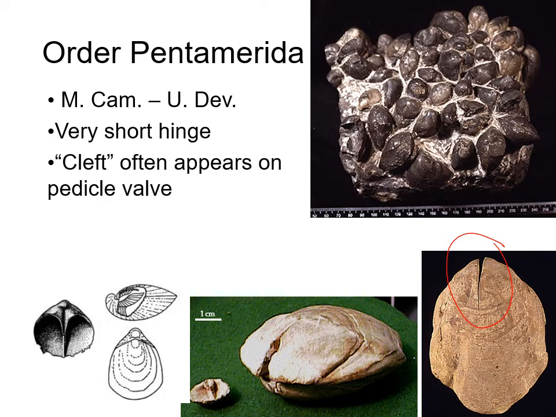And the cleft often appears in this upper pedicular valve. So Pentamerida, pent refers to 5, and that's because this almost looks like there's 5 different lobes of these brachiopods because of the cleft that appears at the back towards the hinge line on the pedicular valve. So they're actually widening open a pedicular opening a little bit more.